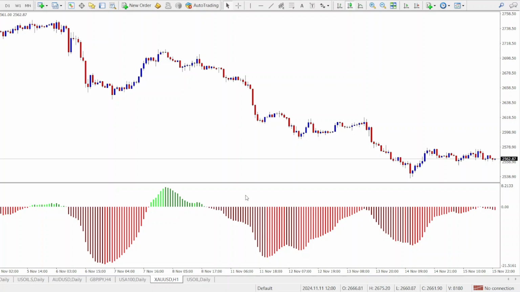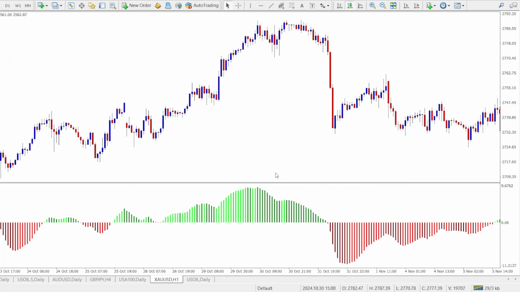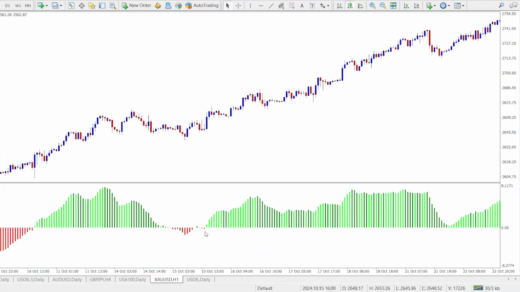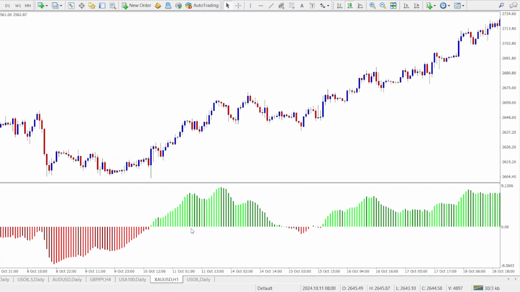So this MACD 4C indicator focuses on histogram bars. As we can see, it is just the histogram bars that are visibly displayed on the chart alongside the horizontal zero level, right? So basically when you have the MACD 4C indicator above the zero level, it shows that there is buying momentum.